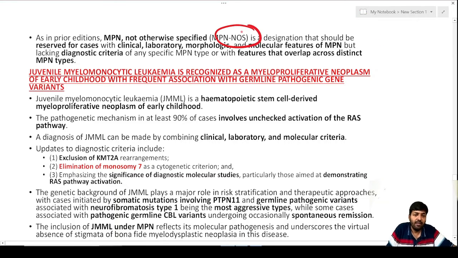It is used for those conditions wherein you cannot group the disorders, reserved for cases that have the clinical, laboratory, morphological and molecular features of an MPN but lack the diagnostic criteria of any specific MPN type. So they are basically kept under MPN NOS. Before it was MPN unclassifiable; we are now using the term MPN NOS.